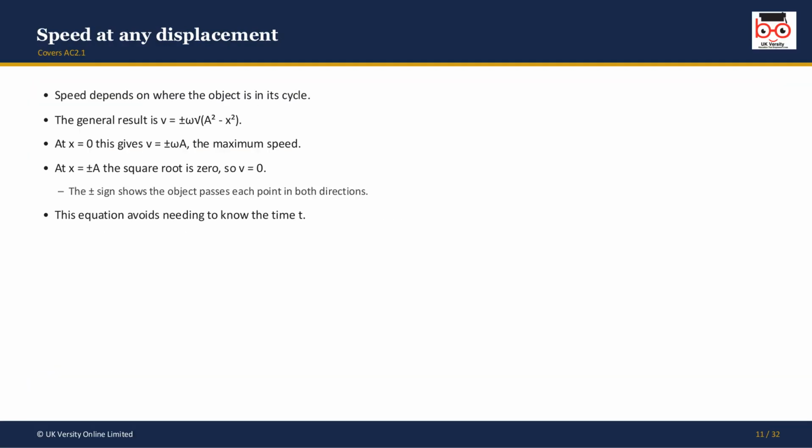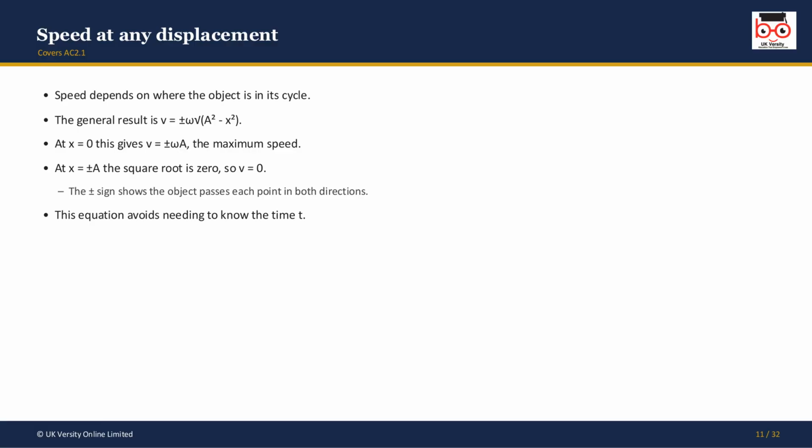Sometimes you want the speed, not at the ends or the middle, but at some general point in the cycle. The result for that is V equals plus or minus omega times the square root of open bracket amplitude squared minus displacement squared. When the displacement is zero, this gives plus or minus omega times the amplitude, the maximum speed, as expected.